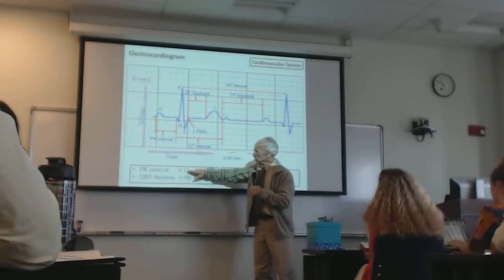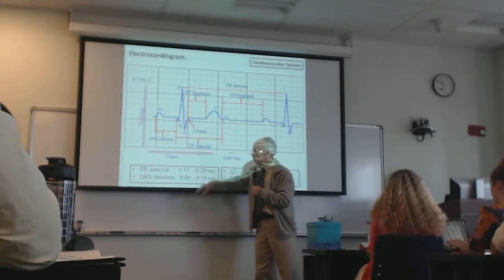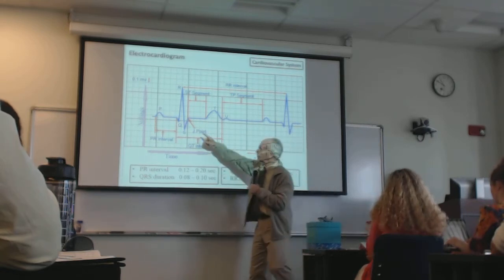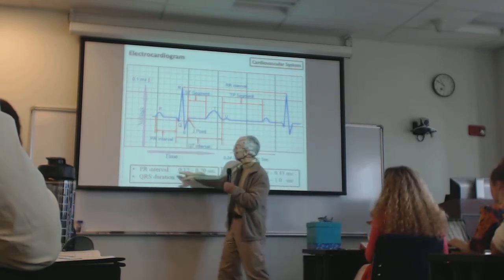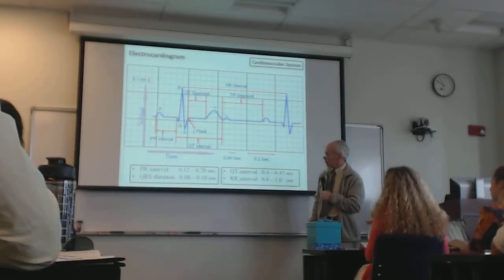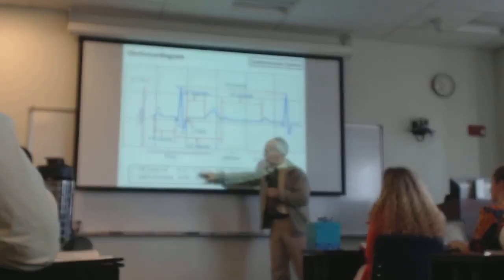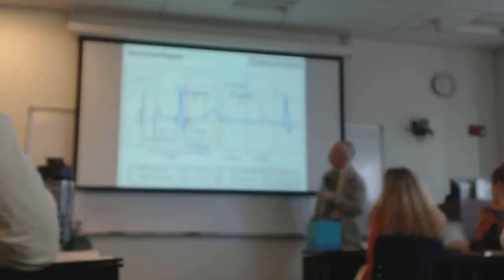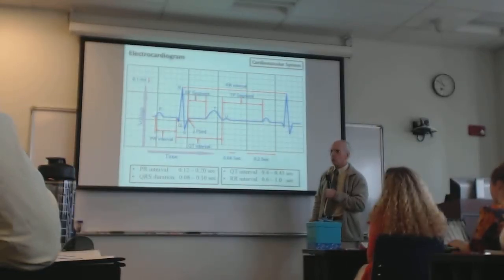We'll talk more about this, I have a little diagram coming up a little later, but notice the PR interval. It roughly is about, I always try to make these into one number, but let's say less than 0.2 seconds. That's kind of broad. And that corresponds to what?